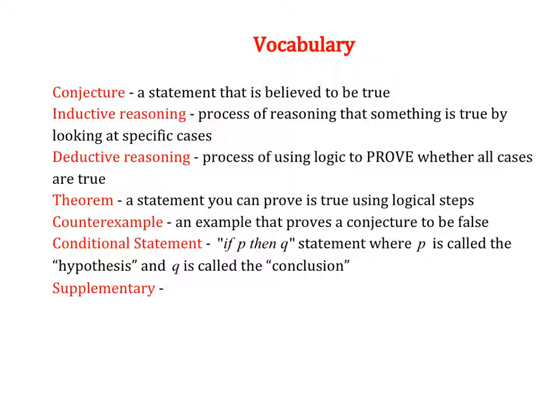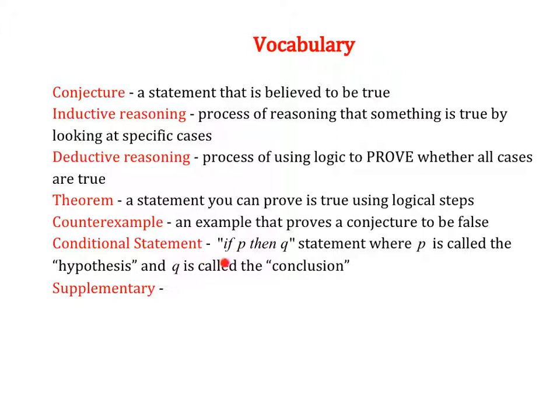I'll show you a comparison of those two on the next slide. A theorem is a statement you can prove is true using logical steps. We're going to learn a new theorem today. A counterexample is just an example that proves that a conjecture is not true. A conditional statement is really just an if-then statement.